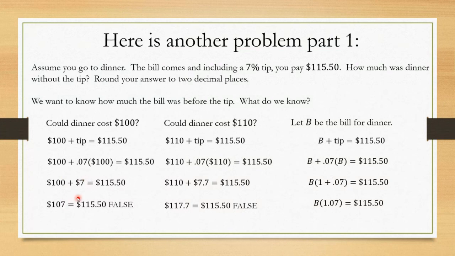This is saying $107 is $115.50. Well, this isn't right. So the dinner could not have cost $100. In other words, dinner before we added the tip, it could not have cost $100. You know, we can see that's too small.